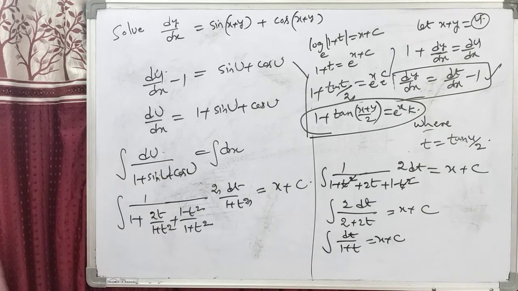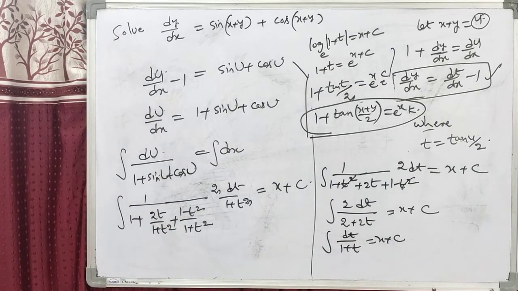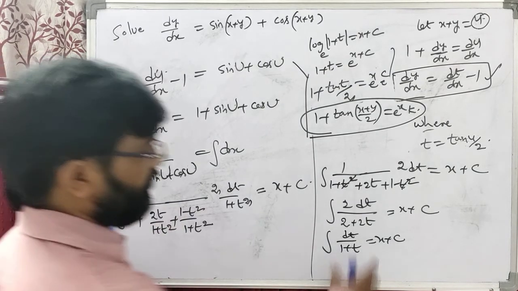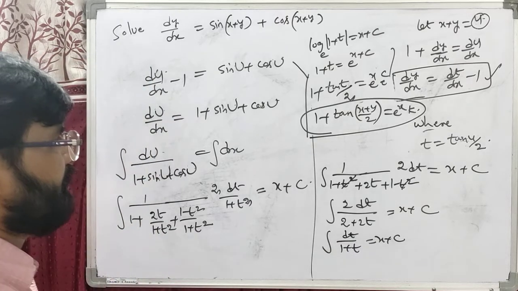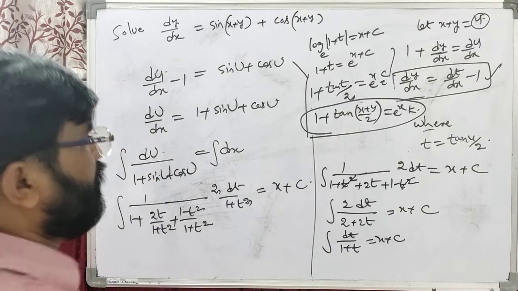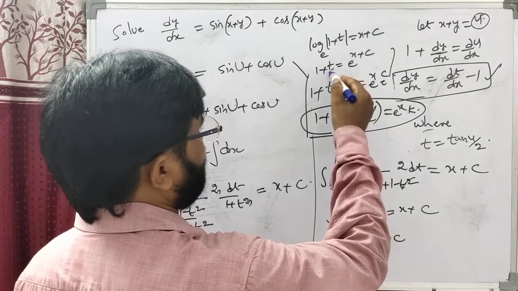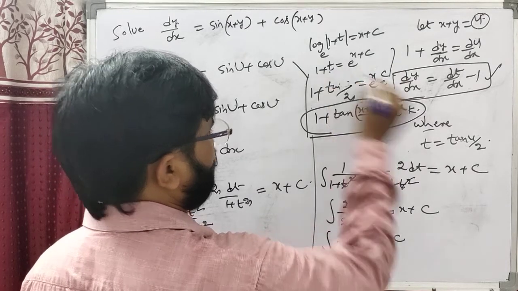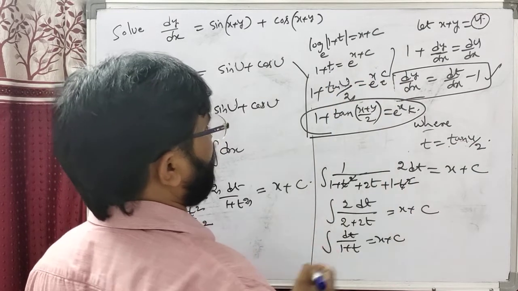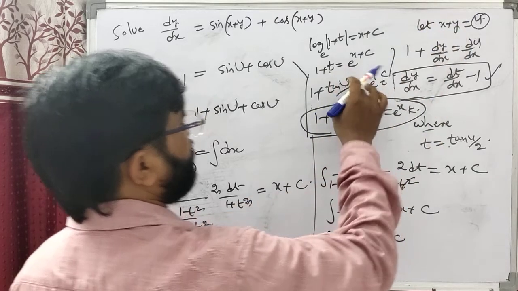Tan u by 2 is t. Everything is the same. What is t? t is tan of u by 2, and u is x plus y by 2.